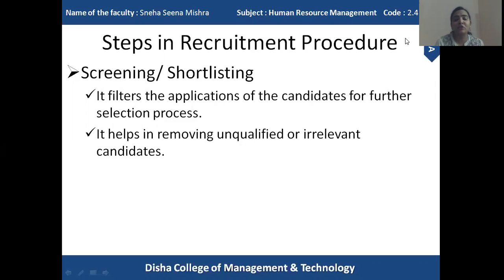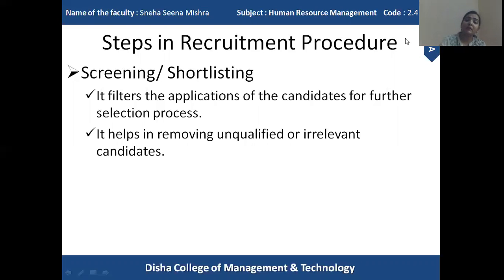So this screening or shortlisting actually filters the applications of the candidates so that the selection process can take place. When this filtering does not take place, what happens? A large number of people will go to the selection process. We have to take them through the selection process, and it will waste a large amount of money, time, and energy, because there are many candidates who are not eligible, maybe underqualified or overqualified for the job.